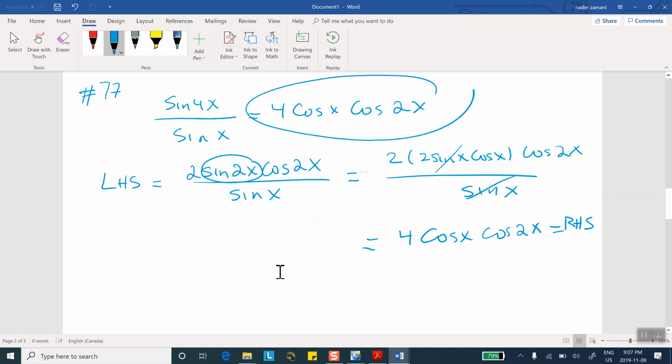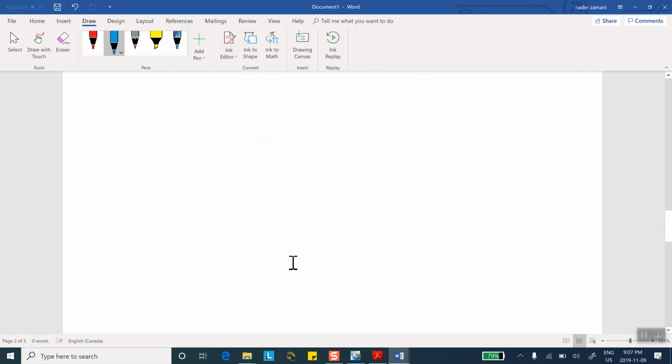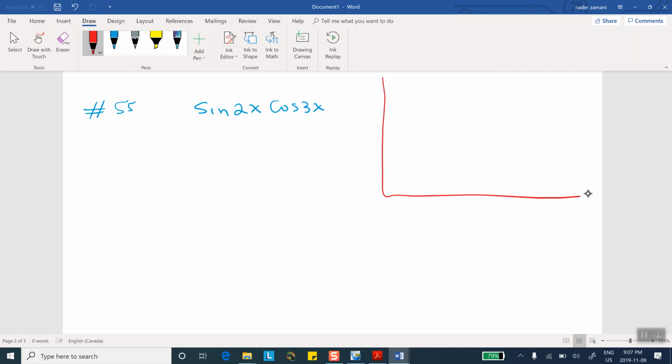Okay, so the next few problems are related to the product of a sum and later sum of product. So if you look at number 55, it says write the product as a sum, sine of 2x cosine of 3x. And I want to remind you that we had a whole bunch of formulas that you have at your disposal.